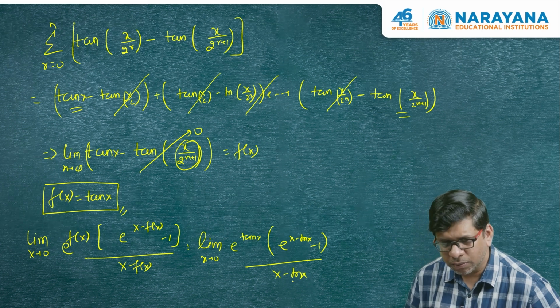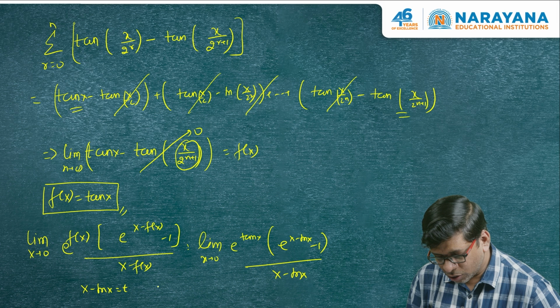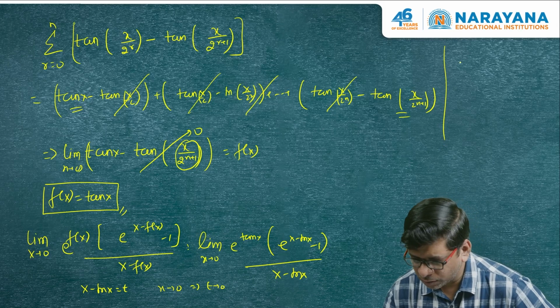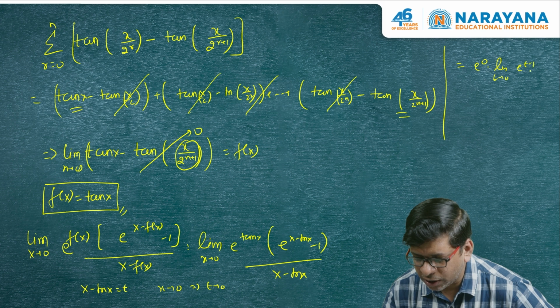If you put x minus tan x as t, so x tends to 0 means t tends to 0. So what will be this limit? Equals e^0 times limit t tends to 0 of (e^t minus 1) by t.